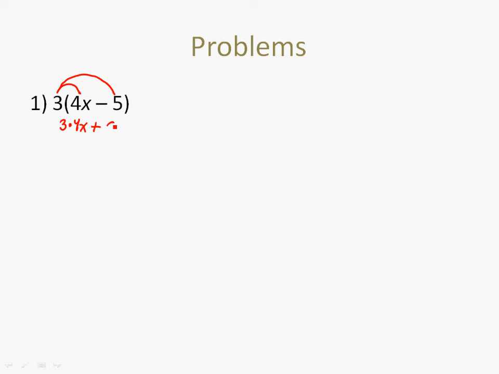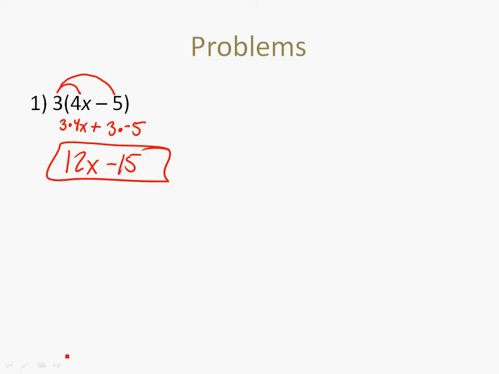And now a lot of you will probably skip this step in the middle, but if you need to, make sure you write it so that you don't forget that the 3 gets multiplied to both of those terms, and then I end up with 12x minus 15. And remember, like we said before, the 12x and the negative 15, they're not like terms, so don't combine them. Leave them separated as 12x minus 15.